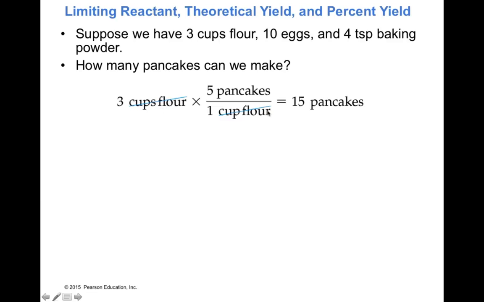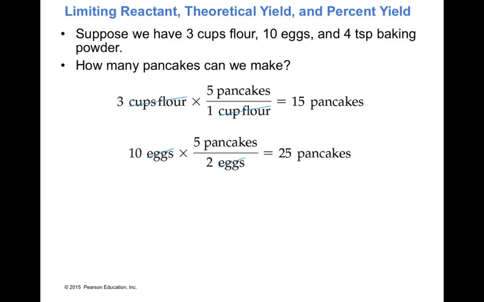For 3 cups of flour, we will produce 15 pancakes. Okay, if we have 10 eggs, remember that the equation said that 5 pancakes will be produced by 2 eggs. So we multiply 10 times 5 divided by 2, and this will be equal to 25 pancakes. So with 10 eggs, we can produce 25 pancakes.